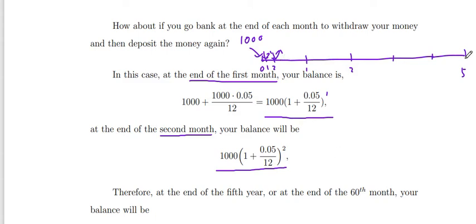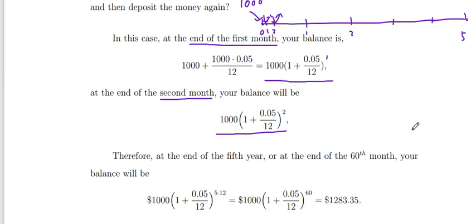Then at the end of the 5th year, let's say, how many months is 5 years? 1 year is 12, so 5 years, how many months? Should be 60 months, right? 60 months.